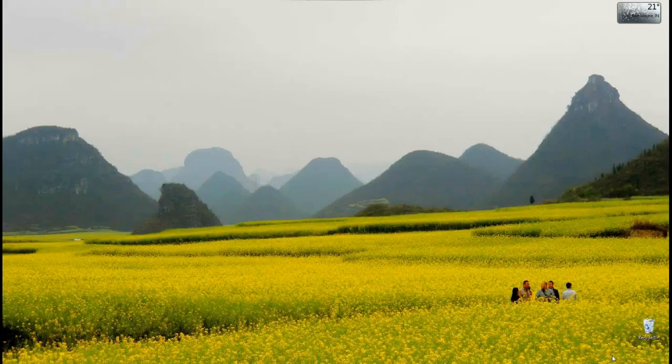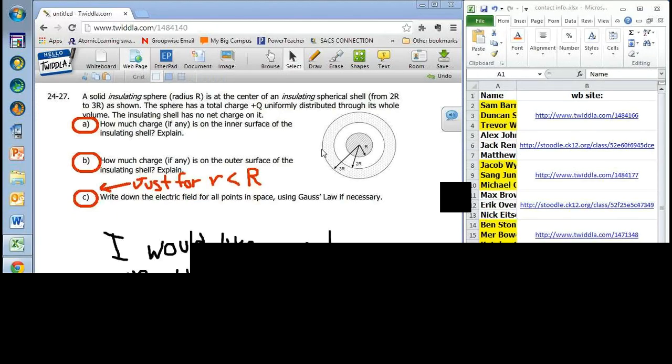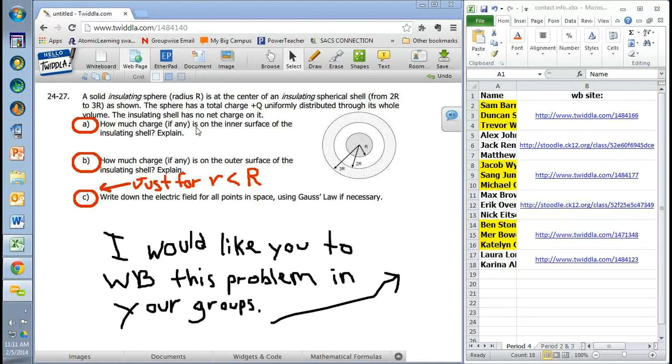But here, let's look at the question again. The question again says, how much charge, if any, is on the inner surface of the insulating shell? So in other words, here, let me draw what I'm talking about. And I will do it in blue. It wants to know how much charge is on this inner surface of this shell here.